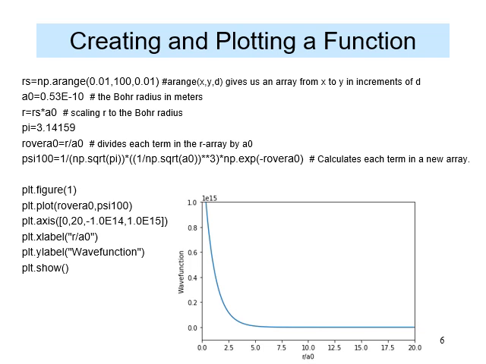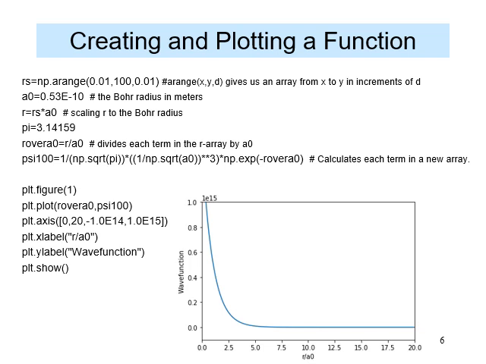One difference between LaTeX and the commands here is that in order to exponentiate something, you put a double asterisk. So a naught cubed, or square root of a naught cubed, is double asterisk 3, right? Then we want to exponentiate something, so numpy e to the r over a naught is the next term in the wave function.